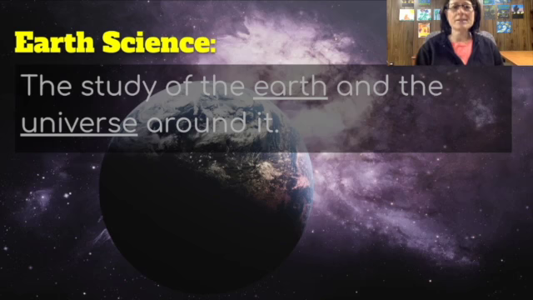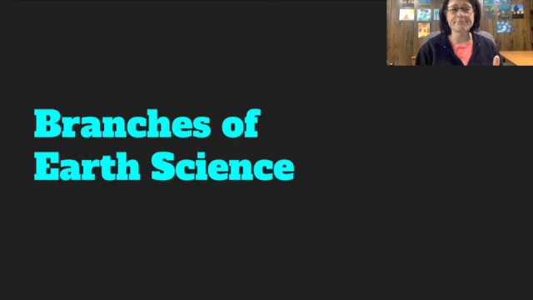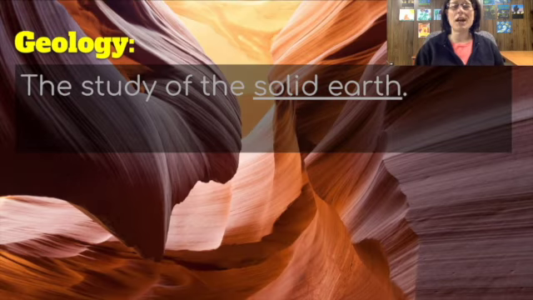Now, Earth science is the study of Earth and the universe around it, so it encompasses a lot. There are many branches of Earth science that we will study this year. The first is geology, the study of the solid Earth.